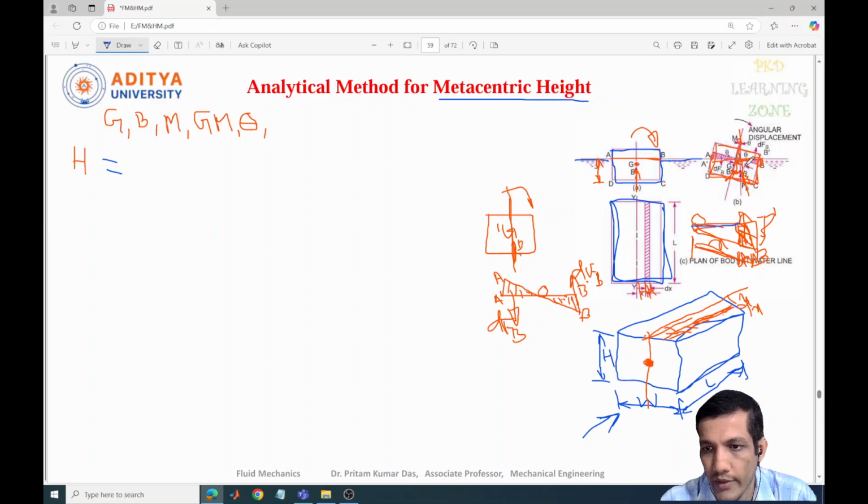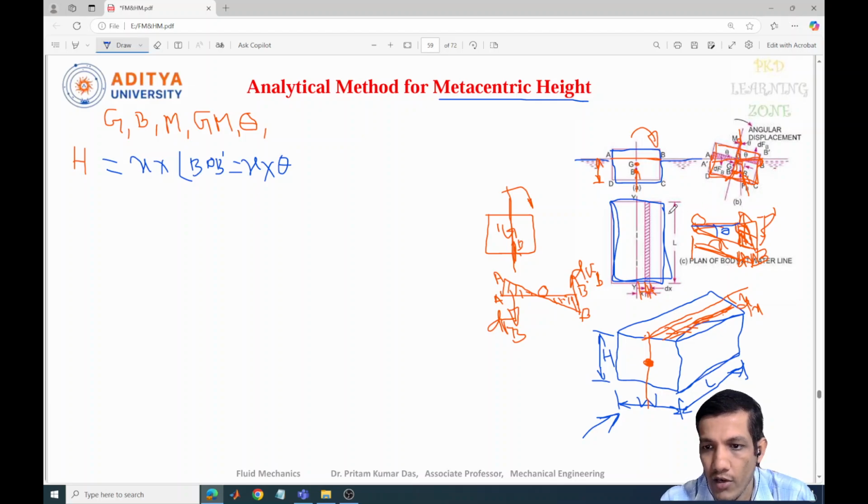Now after rotation, after these changes happened, some height is increased. How much is it increased? It is x into the angle of rotation, and this angle is theta. So BO B dash is nothing but x into theta.